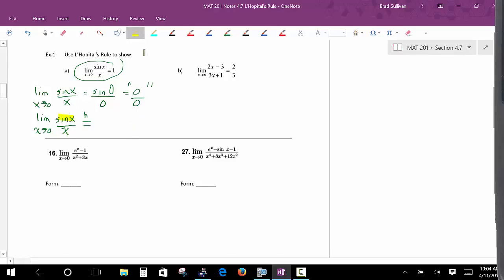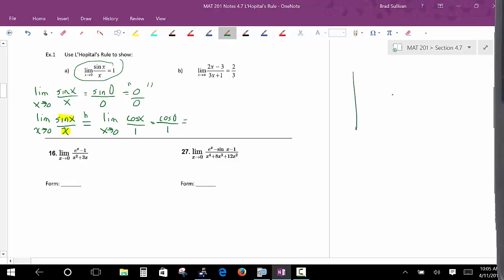So what is the derivative of the sine? Cosine. So this is going to be the same as evaluating the limit of cosine x, and then what's the derivative of the bottom? 1. Now we're going to retry the limit and see what we get. If we plug the 0 in, we have cosine of 0 over 1.